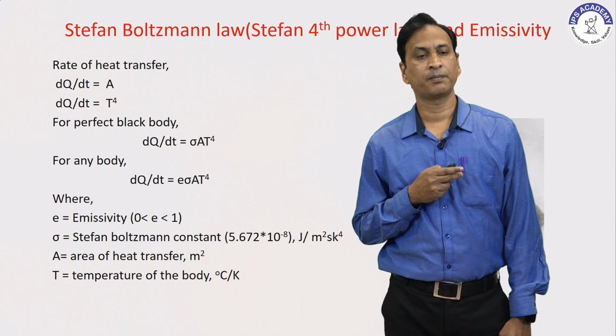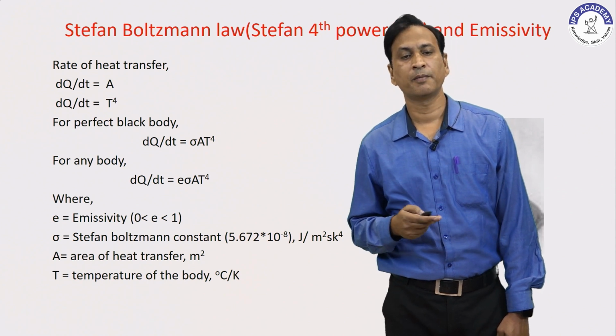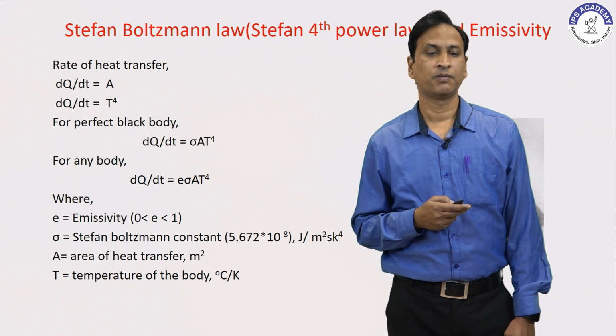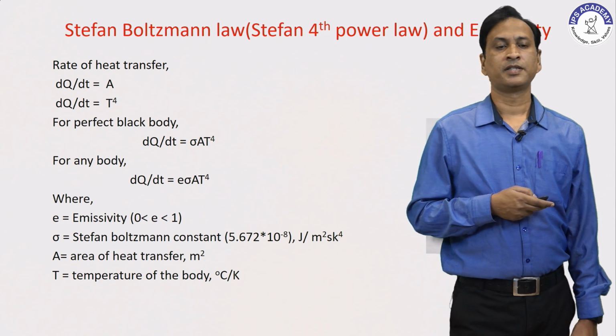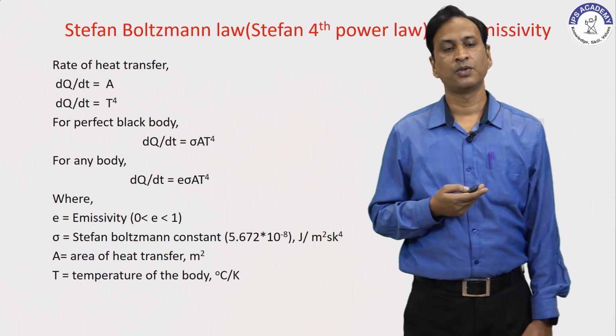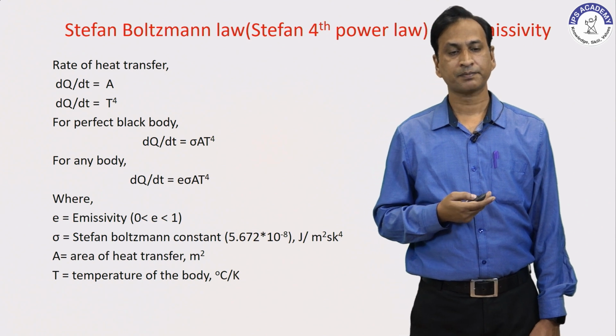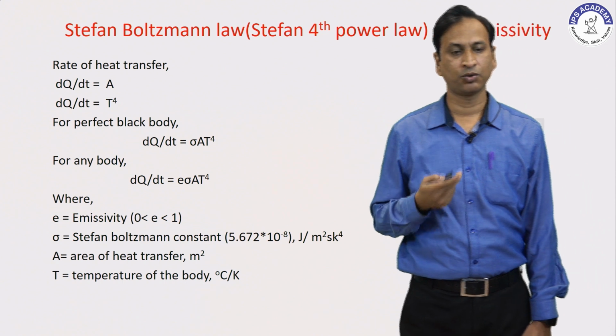So for the perfect black body, dQ upon dt is equal to sigma A T to the power 4. For any other body, dQ upon dt is equal to epsilon sigma A T to the power 4, where epsilon is emissivity. The value of emissivity is between 0 and 1.